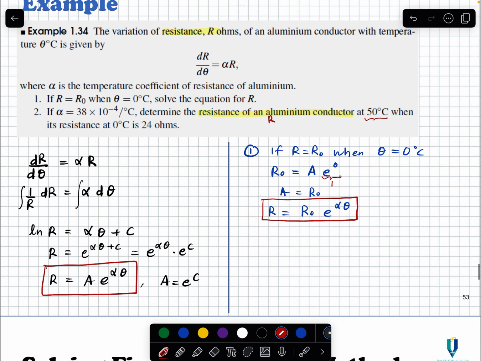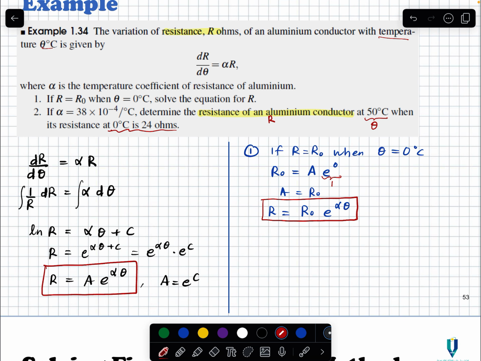The temperature is denoted by theta, so this value is for theta, right? When its resistance at 0 is 24 ohms. So here you have a condition: at 0 degrees the resistance is 24 ohms.